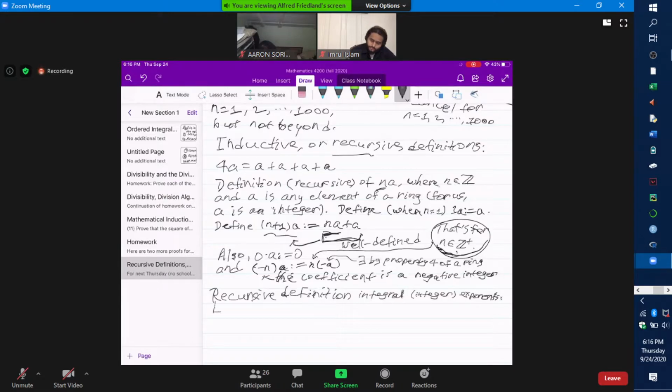So we start with n being a positive integer. Of course, again, no surprise, we'll define a to the power 1 to equal a itself. And so now we have the recursive definition of a to the n. What we're defining here is a to the n.